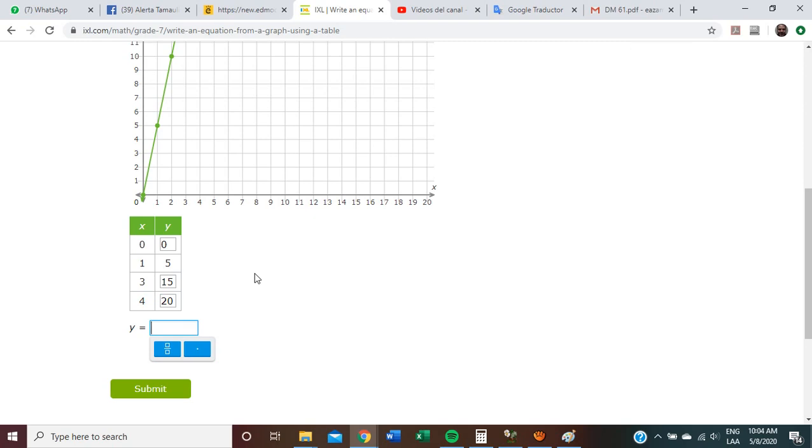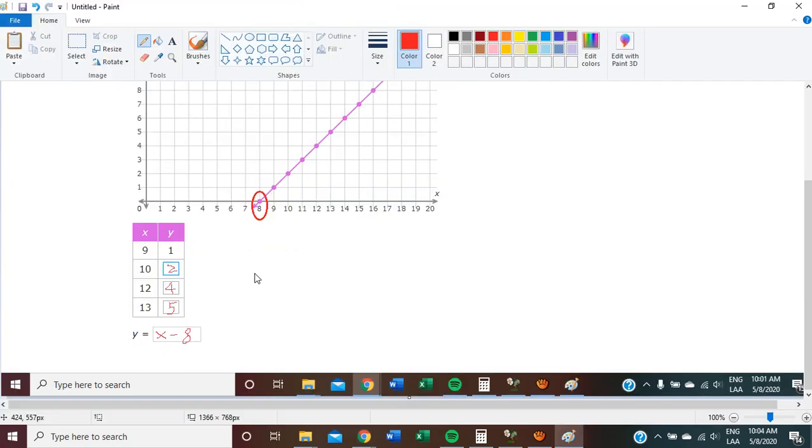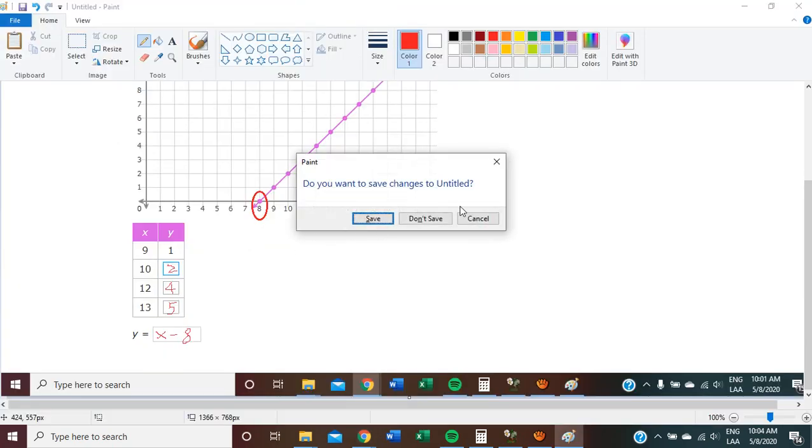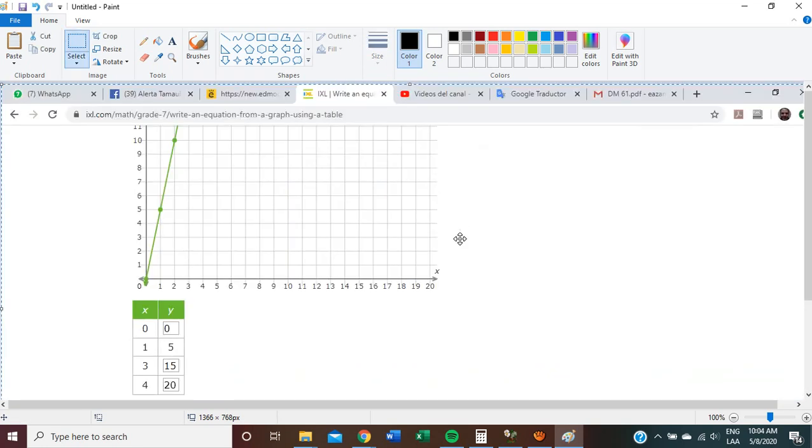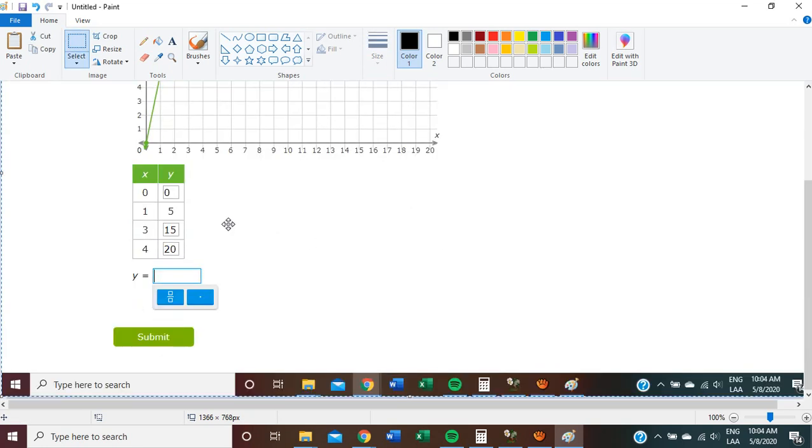Okay, let me print the screen. And so we need to write our equation right here. So x, okay, well, some people feel kind of tempted to write equations something like this.